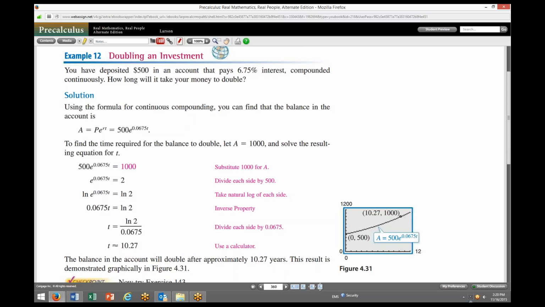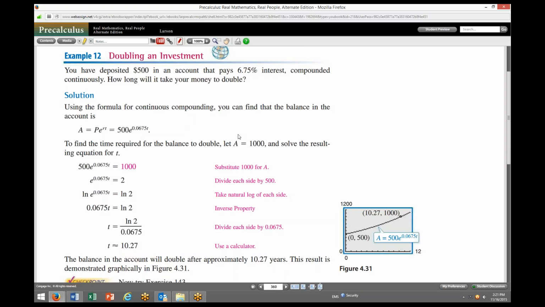The formula for continuous compounding is simply A, the future account balance, is equal to P, your starting principal amount, times e to the rt, where little r is the interest rate, not as a percent, but as a pure decimal, converted the percent into a pure decimal. So A equals P times e to the rt is your base formula for continuous compounding.